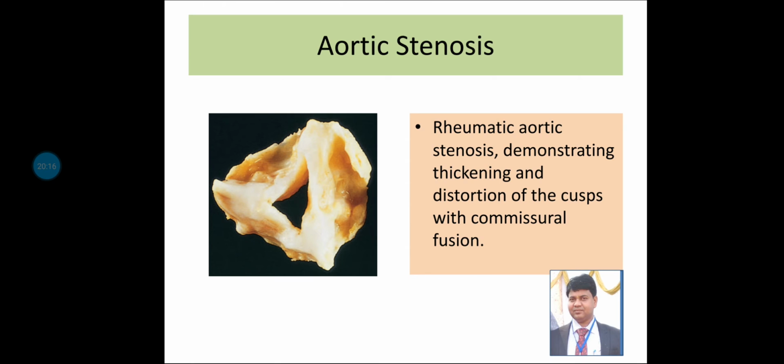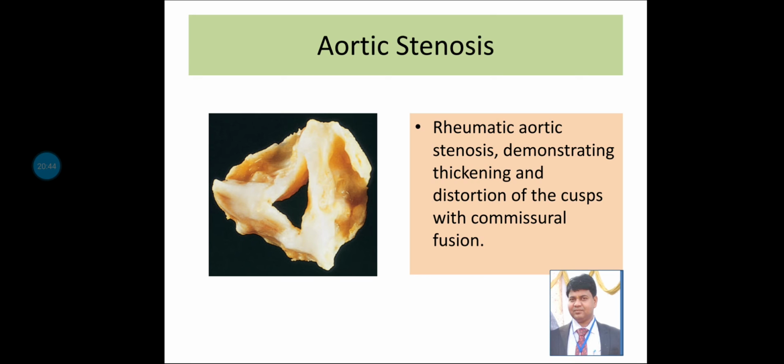The mitral valve is involved in around 60 to 70% of cases of rheumatic fever. Along with it, the aortic valve is also involved, in around 25% of cases, resulting in aortic stenosis.